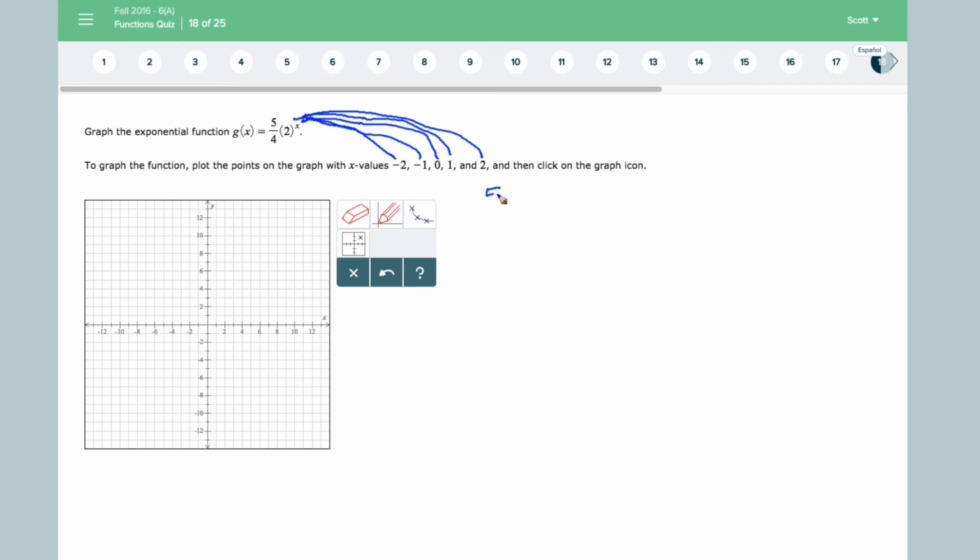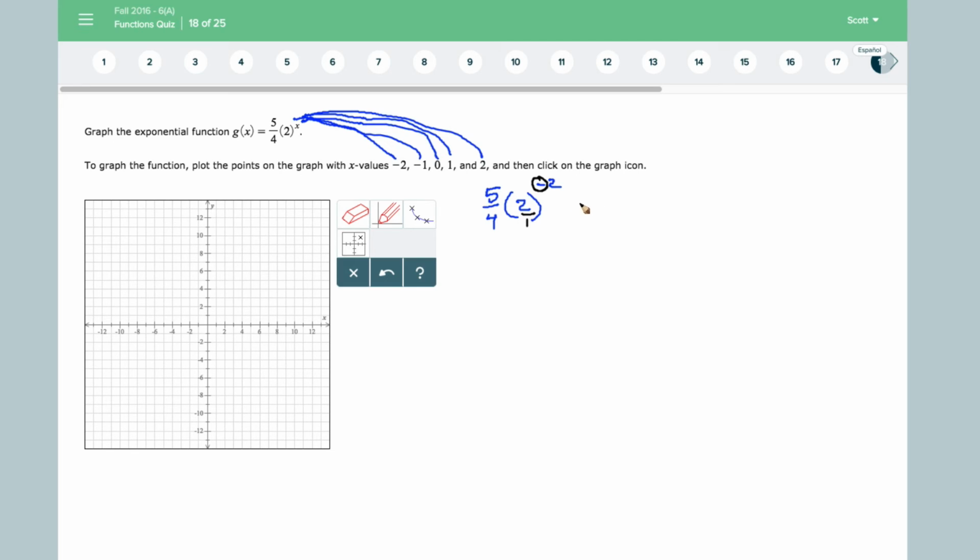We have 5 over 4 times 2 raised to the negative 2. Now that negative 2 only counts towards that 2 right there. Remember, you got to do the exponents first. So what does that negative tell us? The negative tells us we have to flip this over.